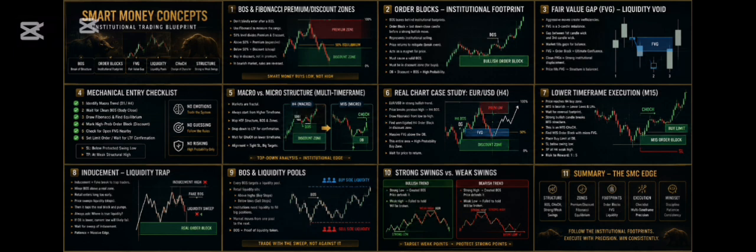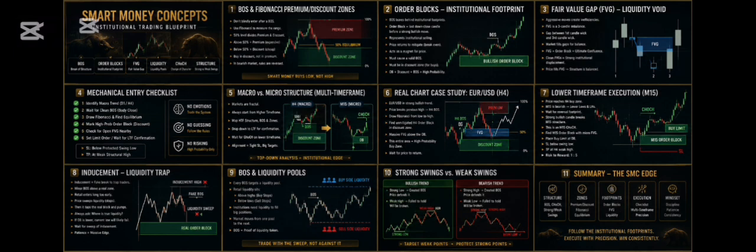Let us talk about why many traders fail even when applying this concept. The market algorithm builds a trap called inducement right before a major institutional zone. Inducement is a fake structural break designed to trick impatient, eager traders early.